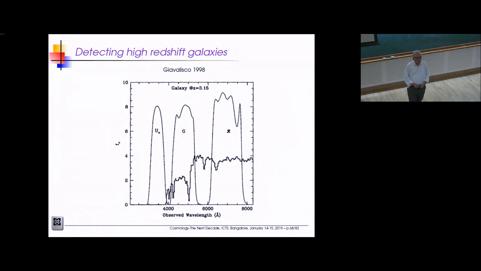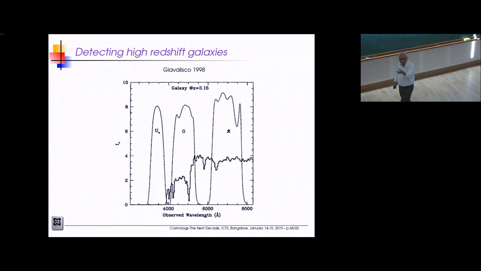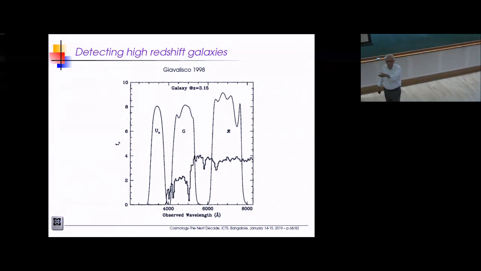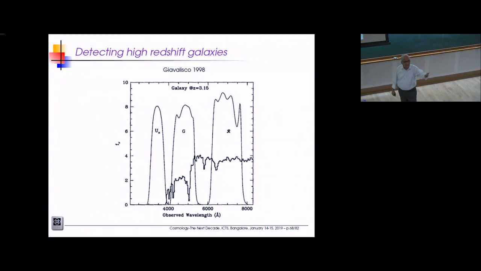So this is a photometric redshift, where you get a redshift by just counting photons in different wavebands, but not by taking a detailed spectrum of the object.